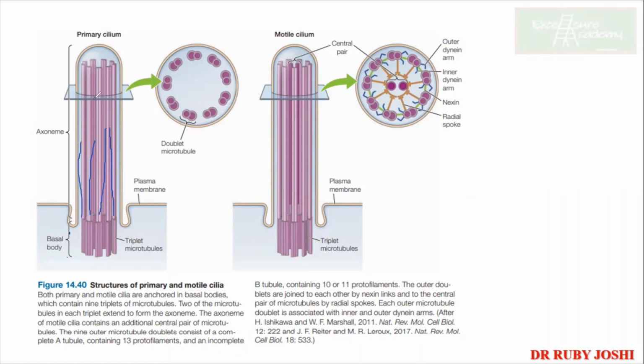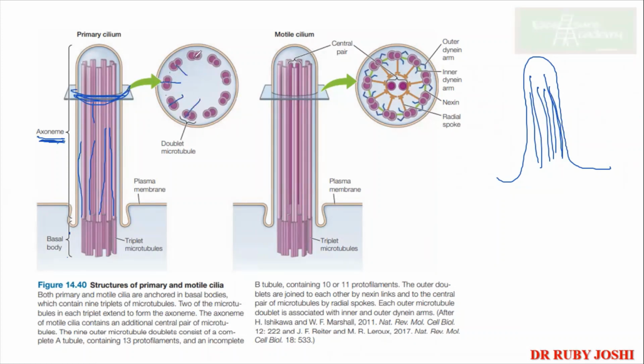Now, do you remember the microvilli which we talked about? There it was actin filaments, similar to that. Now, this is the cross section. These regions are called axoneme. Taking the cross section, you can see that microtubules are arranged in bundles of 2: 1, 2, 3, 4, 5, 6, 7, 8, 9. So 9 doublets are there.